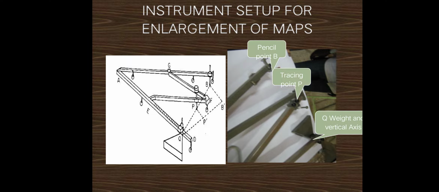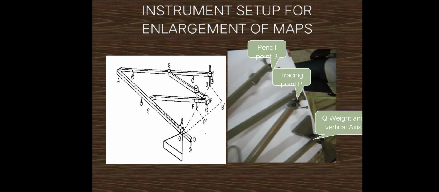The number of graduations you have adjusted on the AD arm will have to be adjusted on the GF line such that they come in the same line.